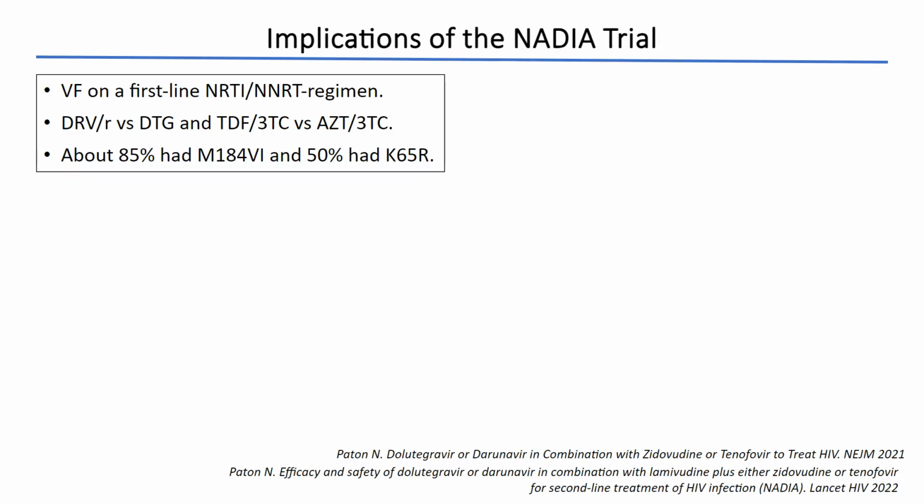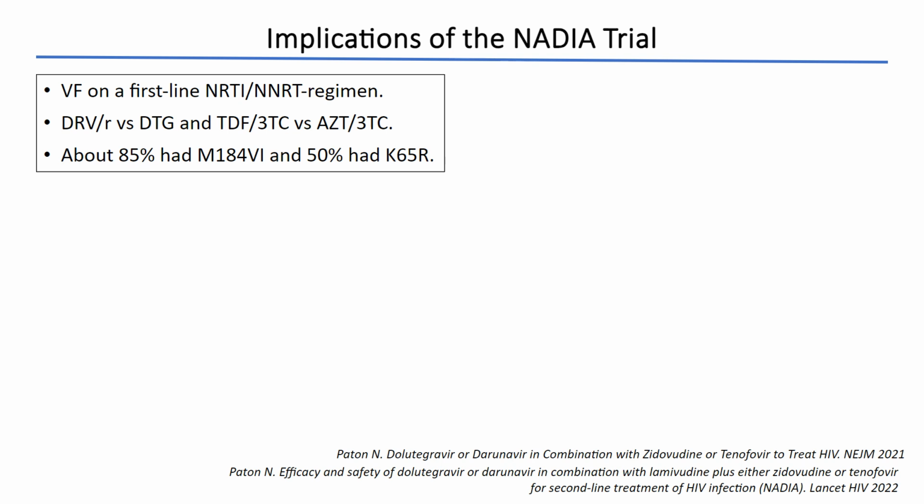The NADIA trial is a more recent trial that influenced our thinking about the clinical significance of NRTI DRMs, specifically the effect of K65R on a TDF-containing regimen. In this trial, the participants had previously experienced virological failure on an NRTI and NRTI-containing regimen.